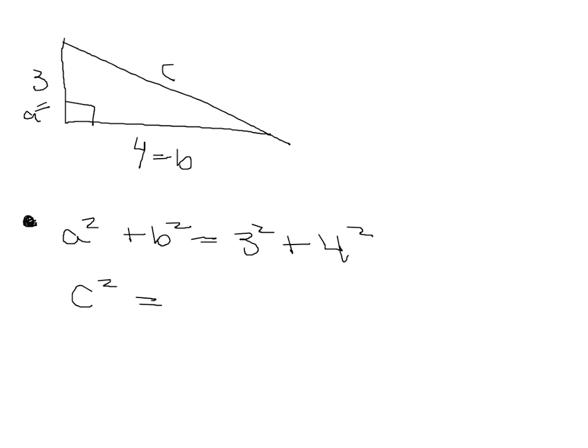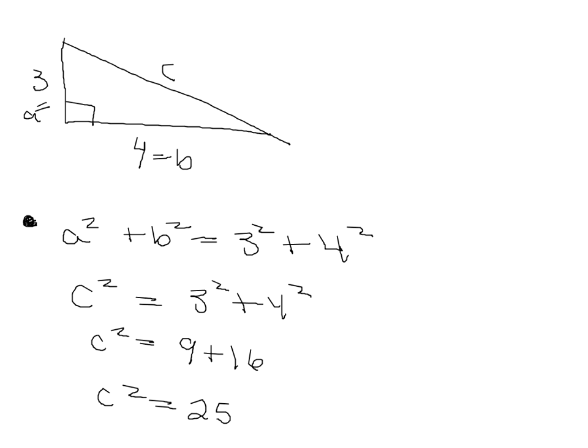So C squared equals 3 squared plus 4 squared. And 3 squared is 9, 4 squared is 16. So C squared is equal to 25. Take the square root of both sides.